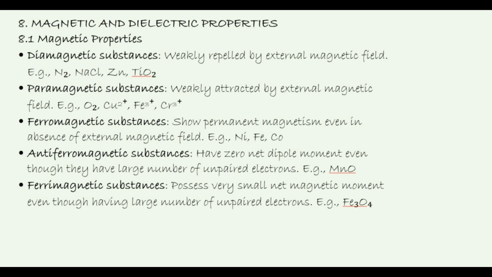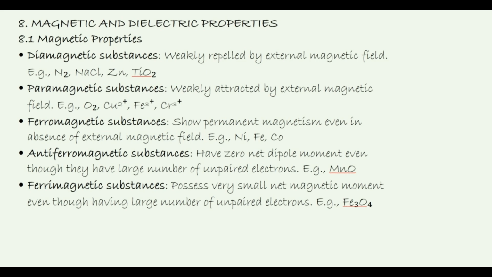And then come the ferromagnetic substances. They show permanent magnetism even in the absence of an external magnetic field. For example, nickel, cobalt, iron. These are magnetic in nature. But antiferromagnetic substances have a zero net dipole moment even though they have unpaired electrons.